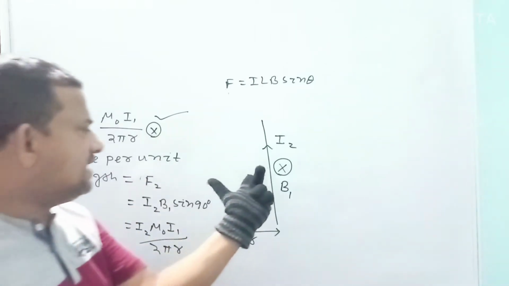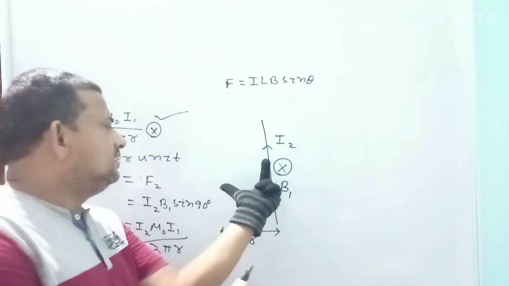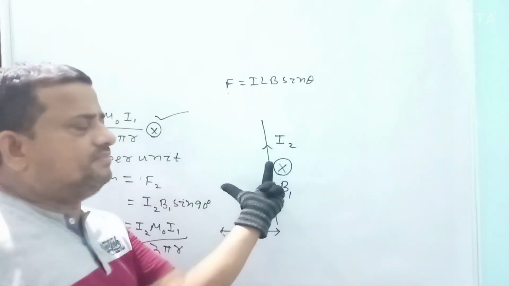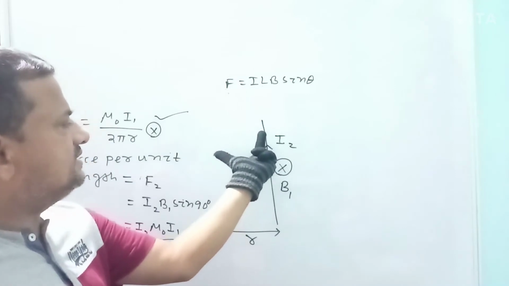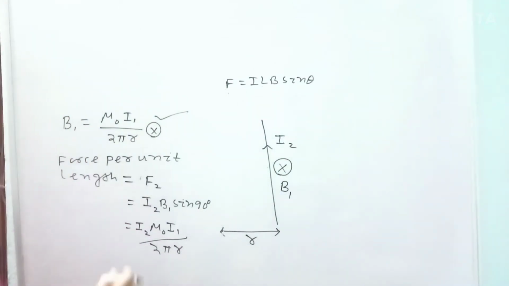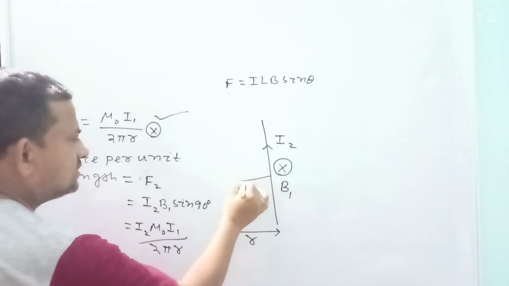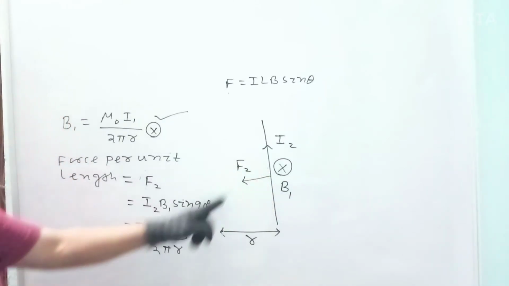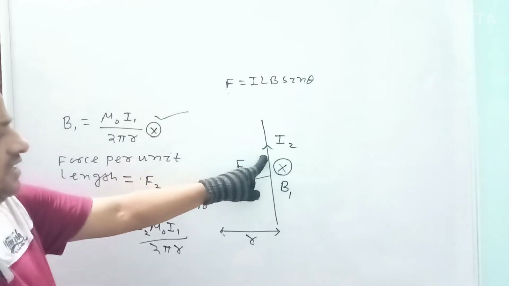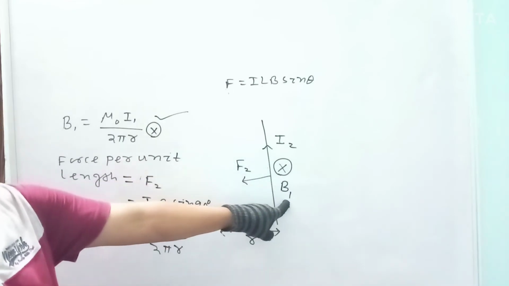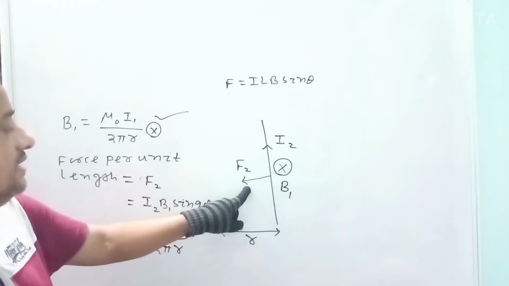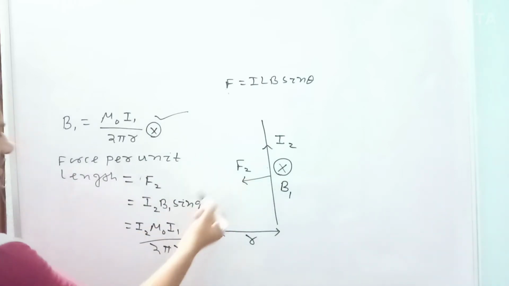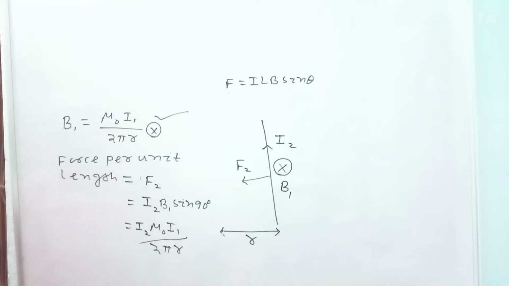So now you apply, the magnetic field is inward, current is towards this. So the thumb is towards left. So this force is towards left. So the force on this conductor due to magnetic field B1 is F2, which is towards left. So this is the direction of force.